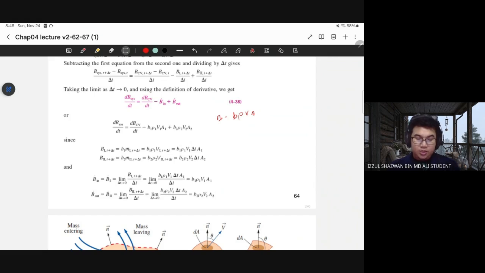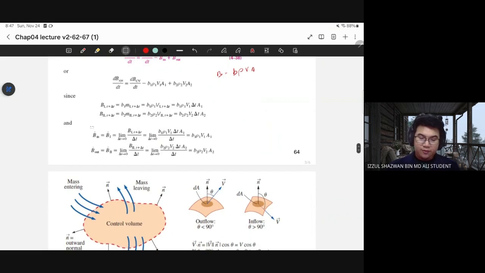And since we know B at t plus delta t is equal to this equation, we will get B in delta t as rho b V delta t A. We can do the same for B1 and B2, and we will achieve this final equation.